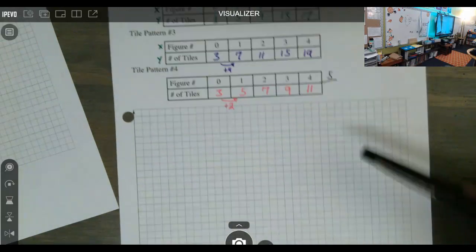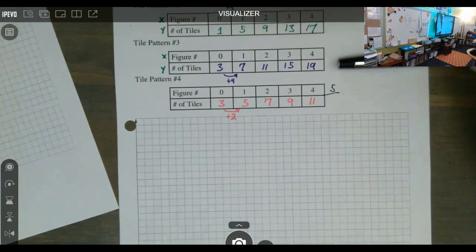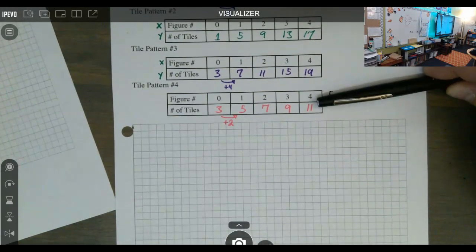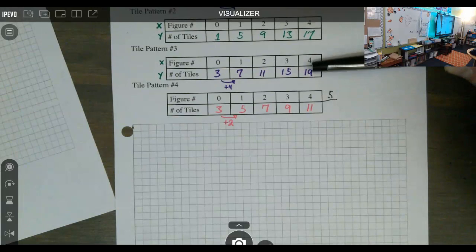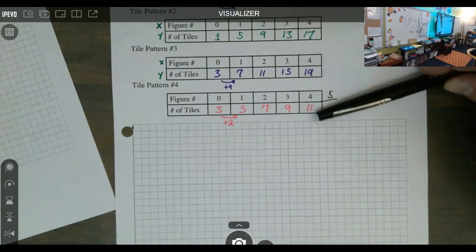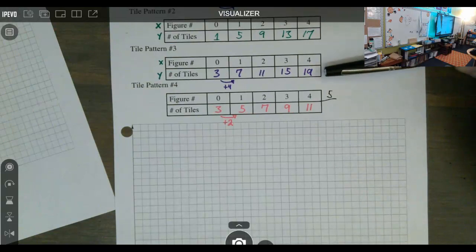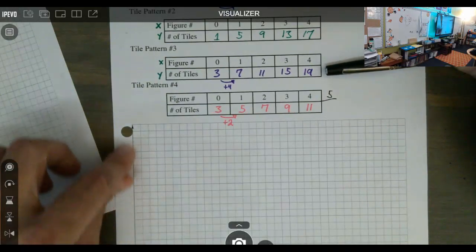Oh, and the y-axis is 24. Now, hold on. How high do we need to get in our y values? At least 20, probably higher than that. So we should probably just keep this axis 1 to 1.